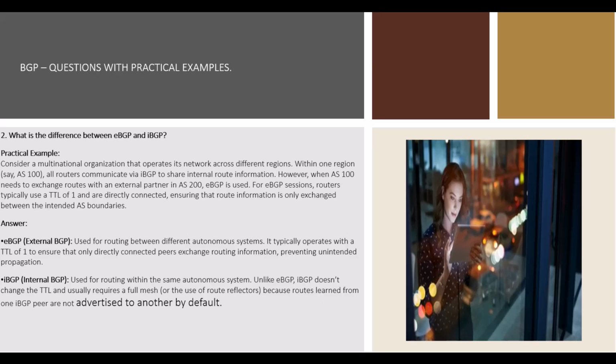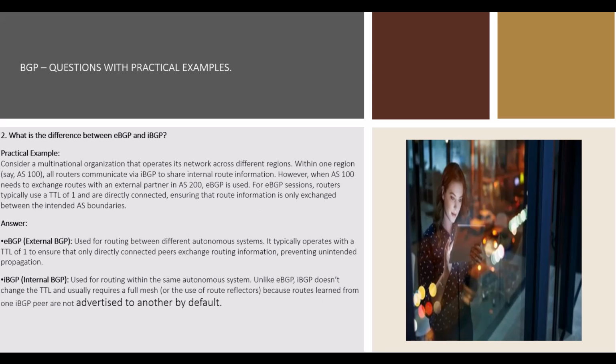So the answer here is normal. I mean, we covered this in our course also. When it comes to external BGP, we use it for routing between different autonomous systems. We know that.